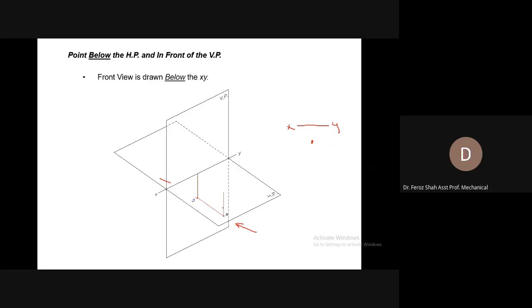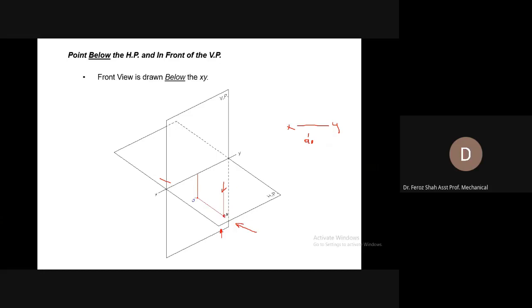For example, if the point A is 10 millimeter below the horizontal plane, its front view will also be coming 10 millimeter below the XY reference line and will be annotated with A prime. Now for the top view, looking at it from above or from the bottom, its top view will be formed exactly at this position.